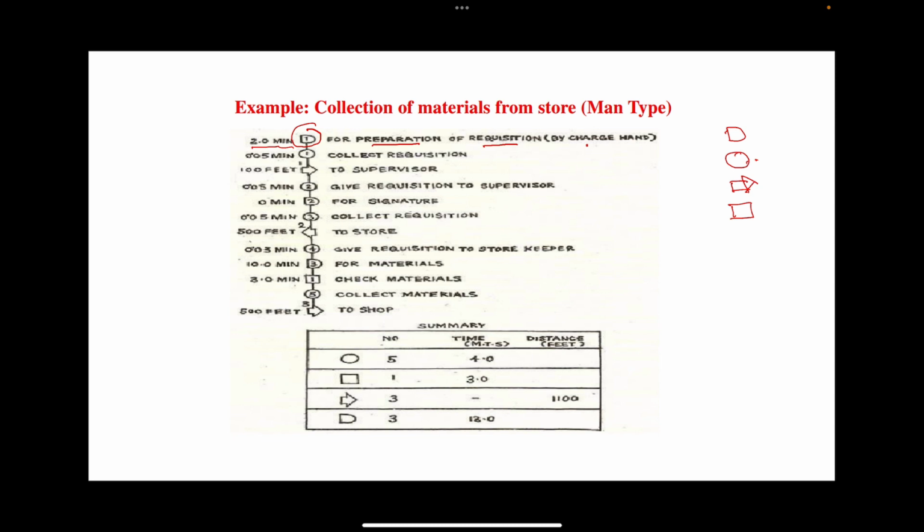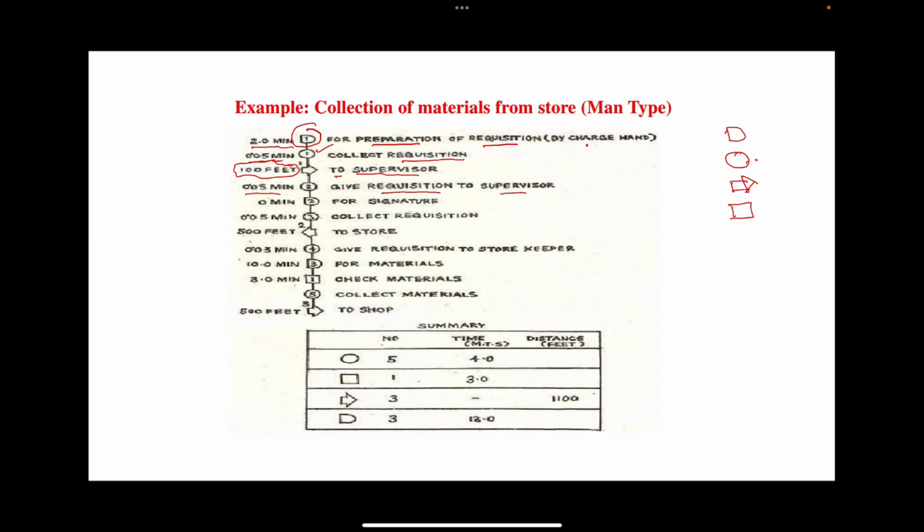Then you have the operation, collect requisition, which takes 0.05 minute. Then you have the transport operation, transported to the supervisor, where the distance is 100 feet. Then the operation, give requisition to the supervisor, which takes 0.05 minutes.